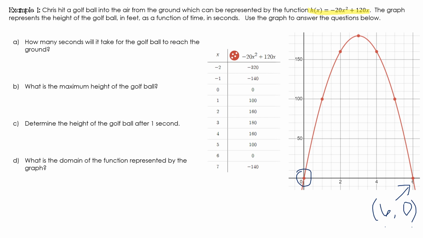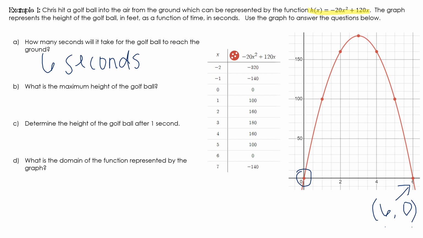So a lot of times you will get a decimal, which is totally fine, and you would just write that decimal as the answer. For this question, it hit nicely. How many seconds until it hits the ground? It would be 6 seconds. Make sure you're including your units. These problems are all going to be in feet and seconds.